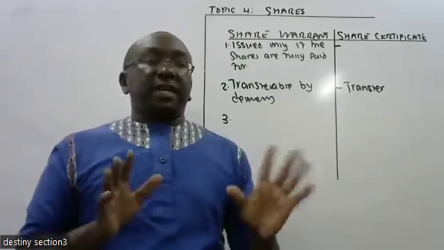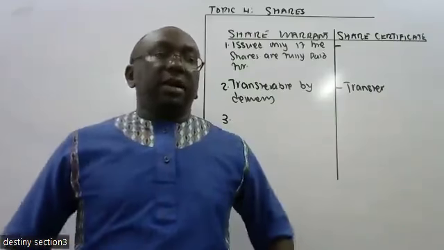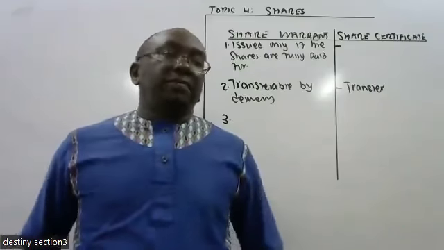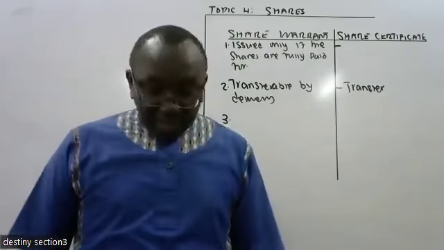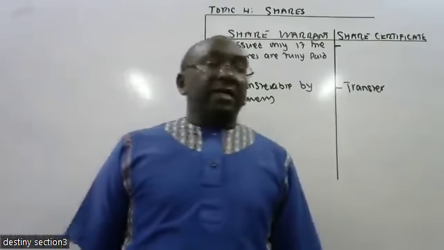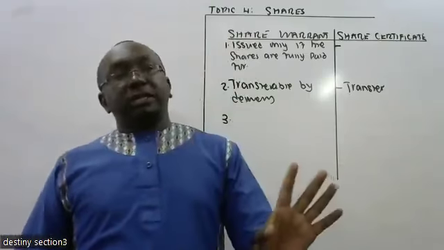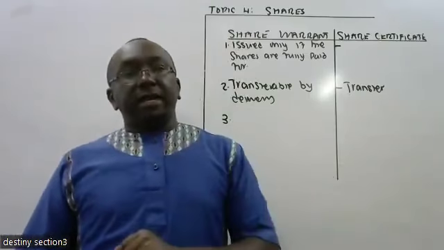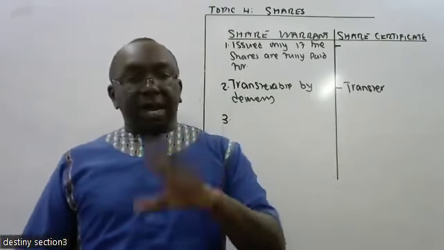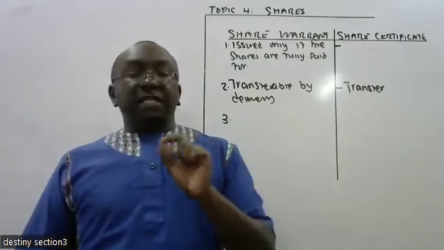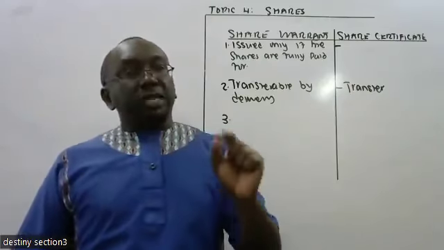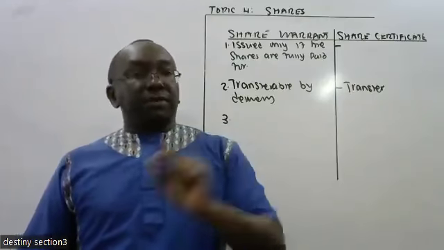But for the share certificate, you are given it even if you have not fully paid. The other thing is the transfer is by delivery. Once you deliver the share warrant to the company, that is all. But for the share certificate, the due process of transfer must be followed.